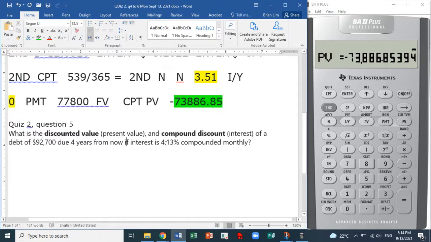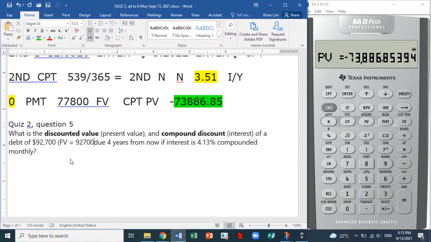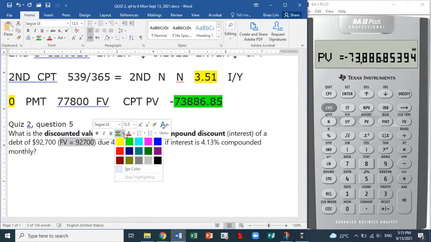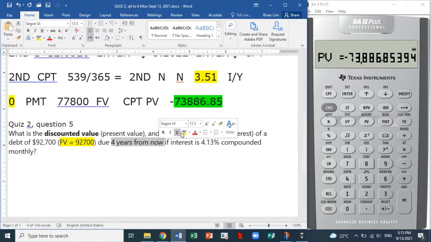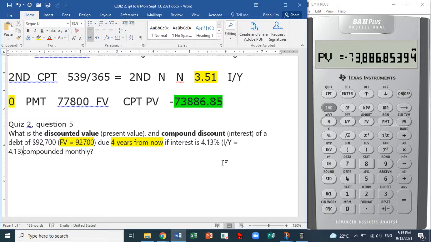So what is the discounted value? We want the present value and the compound discounted interest of a debt of $92,700. That is the future value. So future value is 92700, and it's due 4 years from now. And interest is 4.13, so IY is equal to 4.13.